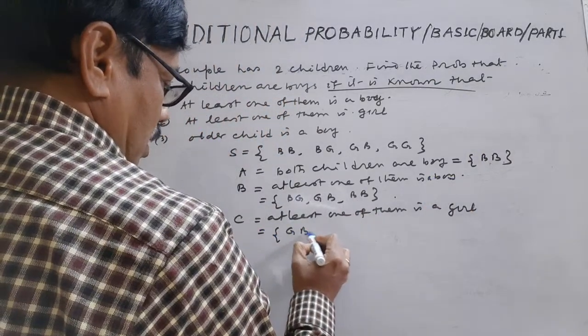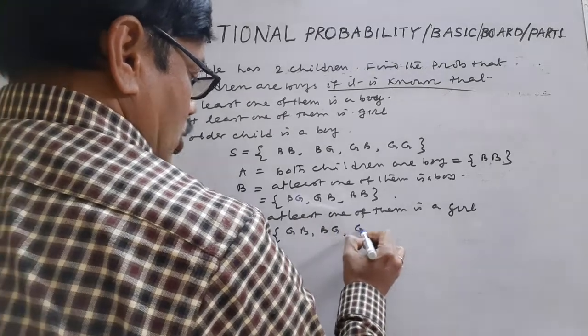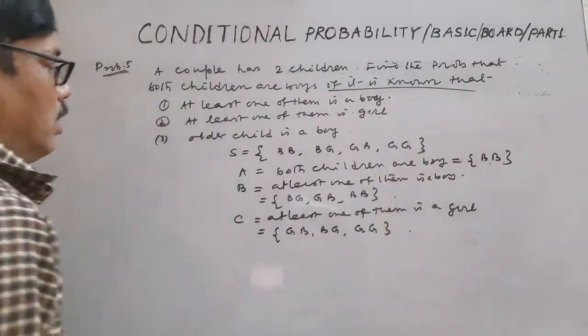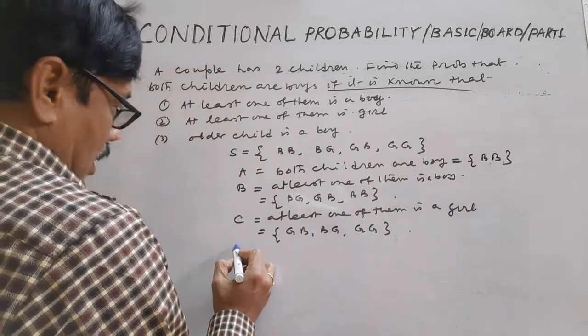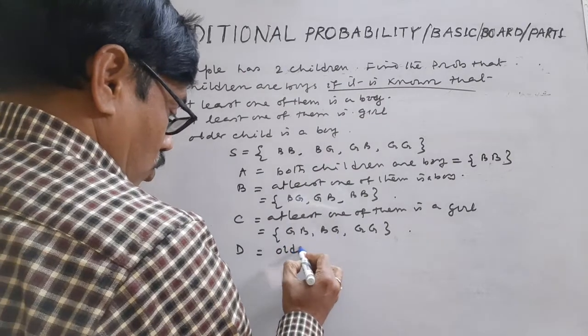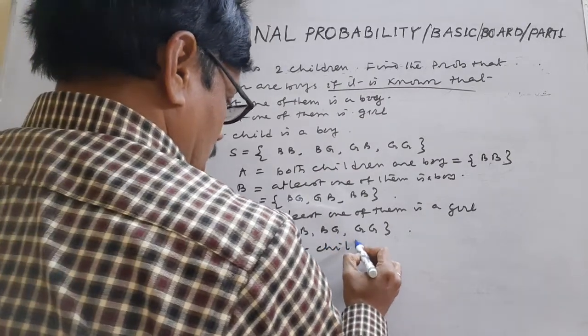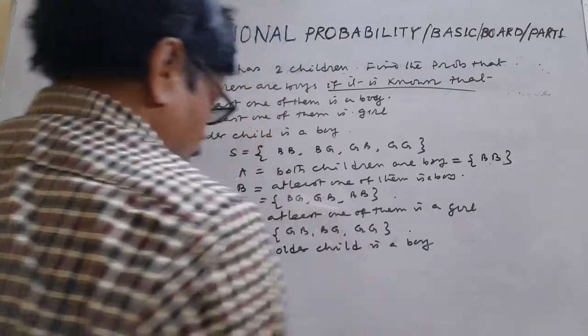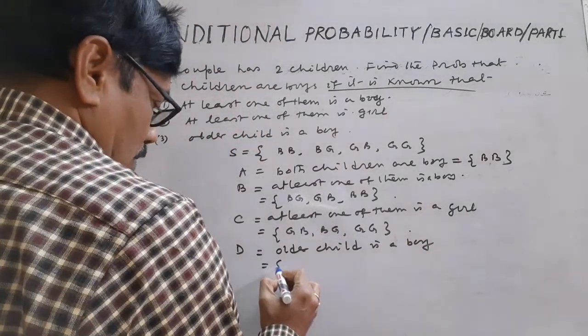So GB, BG and GG also, one girl, 2 girls. And number 4, D, older child is a boy.